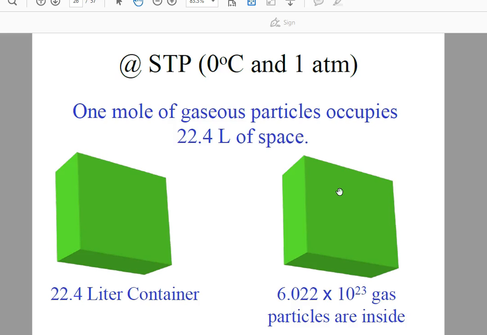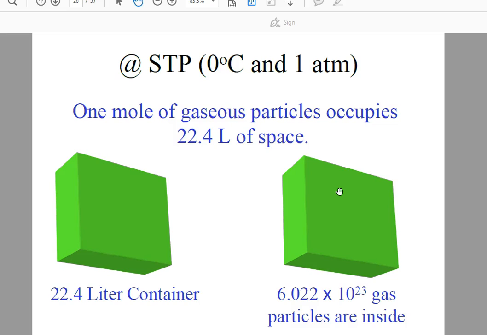So if you have a gas at STP, 1 mole will take up 22.4 liters of space. So this right here is going to be a conversion factor. 1 mole equals 22.4 liters.